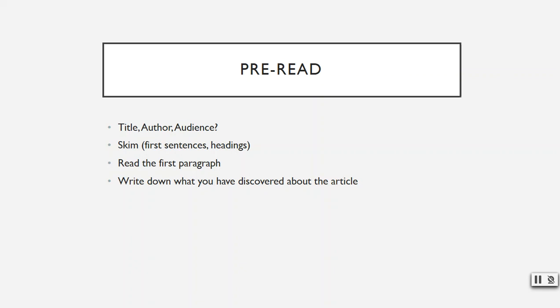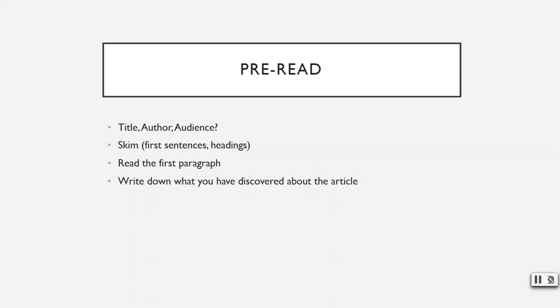So once you've done those things, once you have identified the author and the title and the audience, once you've read the first paragraph and skimmed the article, then you should write down what you've discovered about the article. Before you even read it, just doing that pre-reading, what do you already know? What do you expect? What do you think this article is going to be about? Write that down in a couple of sentences just for yourself.